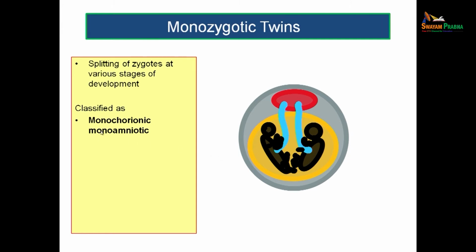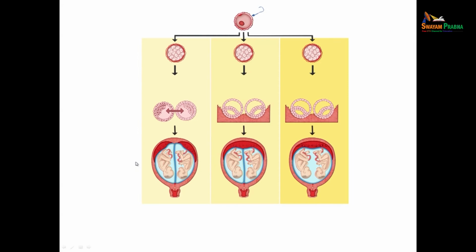That is what is meant by monochorionic monoamniotic. Now, in monochorionic monoamniotic twins, you have to expect some complications. They are known as the formation of conjoined twins and the formation of parasitic twins. So, this is in a nutshell about the different patterns of formation of monozygotic twins.